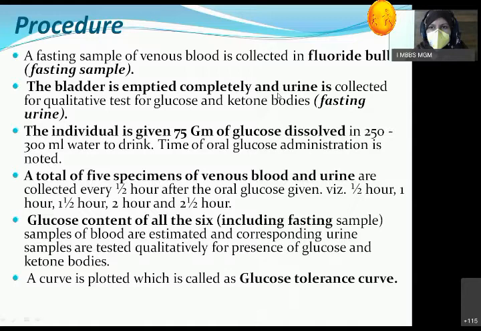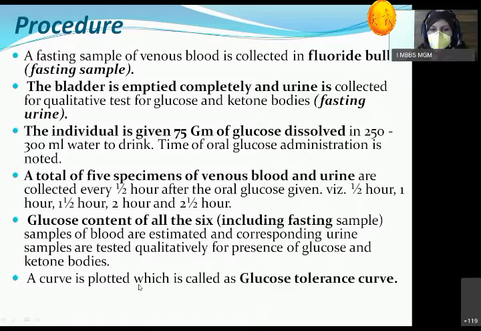Then samples are collected at 1 hour, 1.5, 2 hours and 2.5 hours. So all these make 5 samples plus 1 fasting sample. Glucose content of all the 6, including the fasting sample of blood, is estimated and corresponding urine samples are tested qualitatively for presence of glucose and ketone bodies.